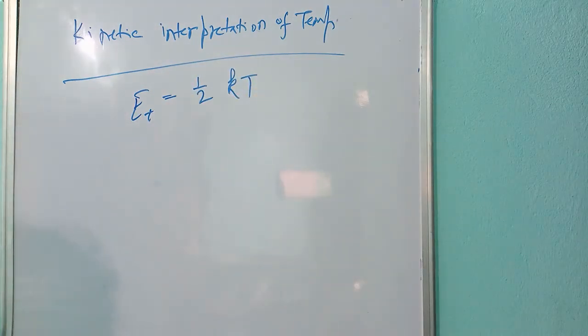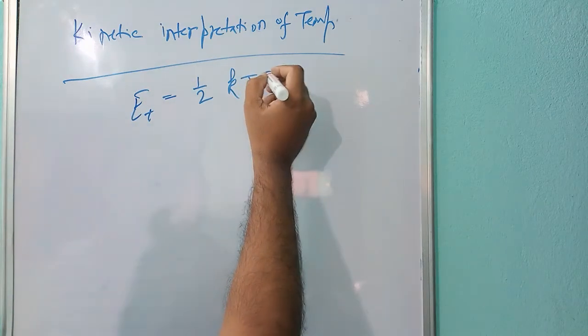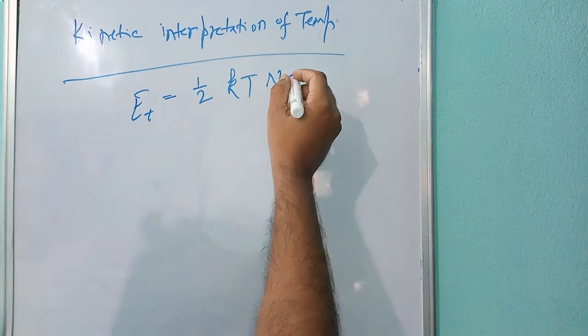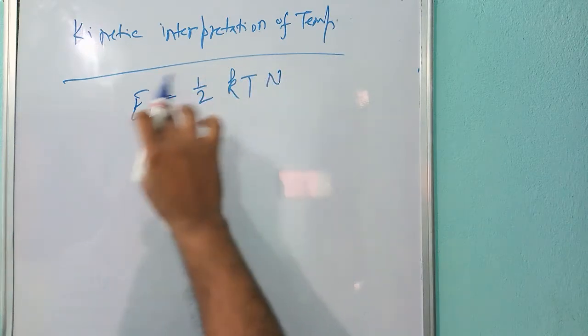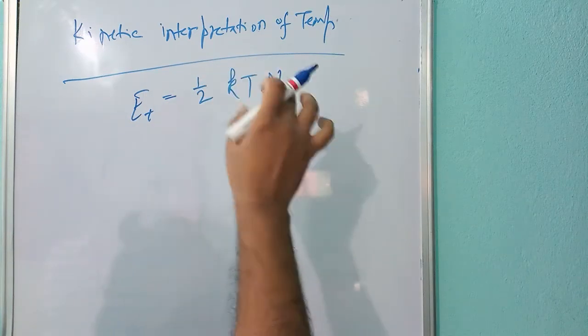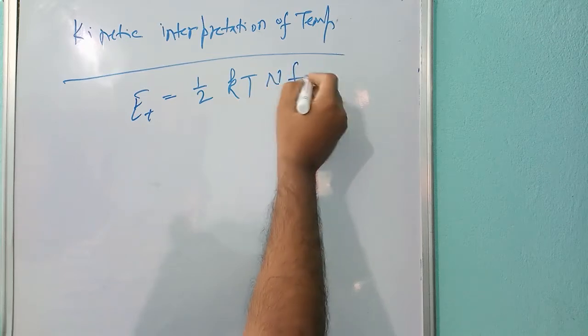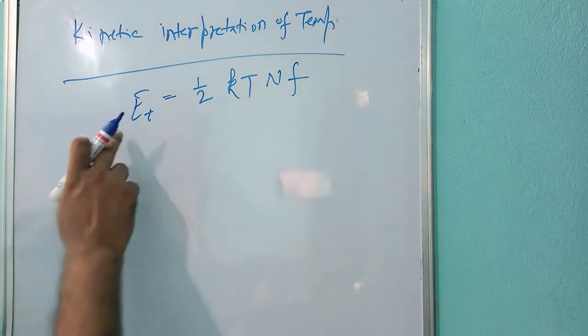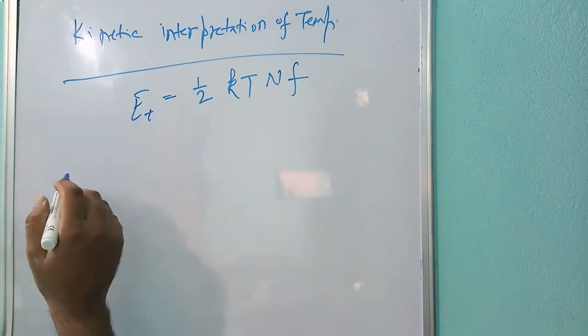Since I am taking 1 gram molecule of the gas, I multiply by N, and if F is the degree of freedom, I will also multiply by F. This will be the total energy of the monoatomic gas according to the law of equipartition of energy.